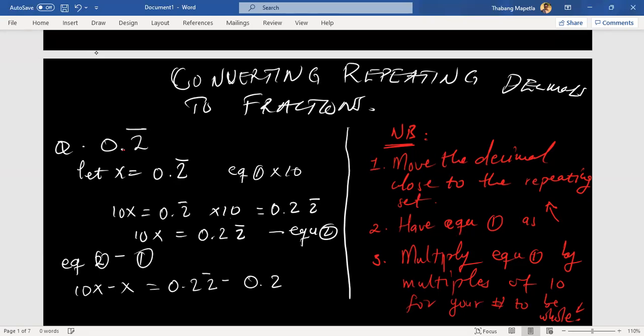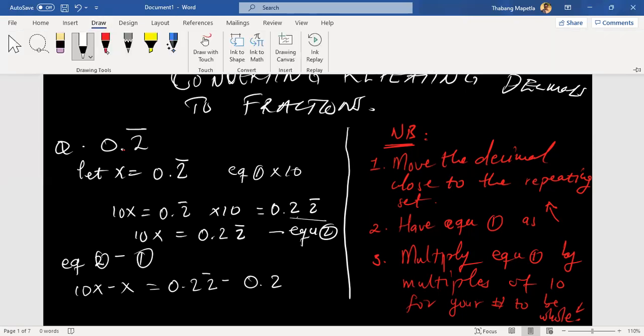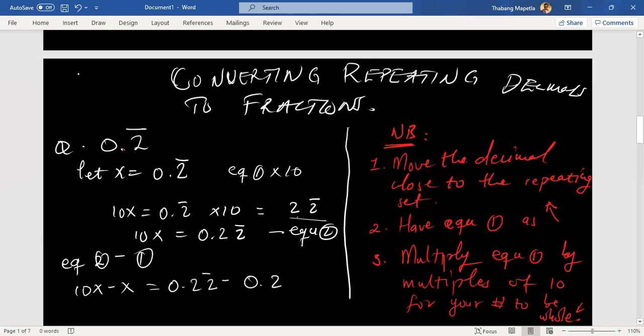It should not have been 0.2 times 10; it should have been 2.2 in all of them.